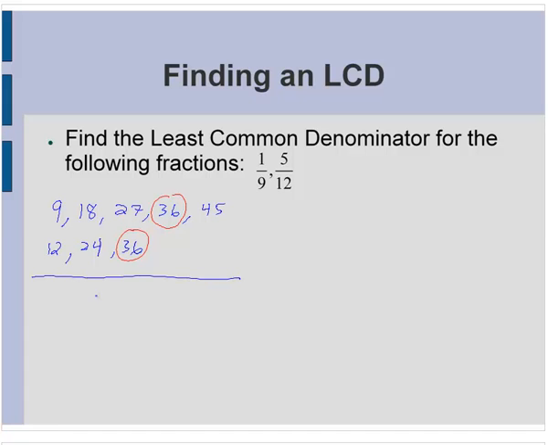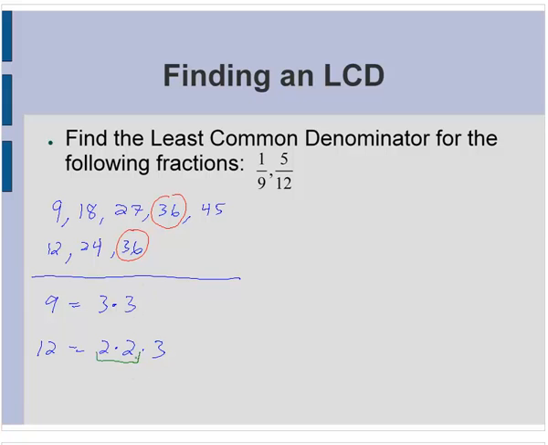An alternate method says find the prime factorization of each number. 9 is 3 times 3. 12 is 2 times 2 times 3. All right, so now what we do is we say, well, we see 2's. What is the largest number of 2's that shows up in one factorization? Well, I see 2 2's here.